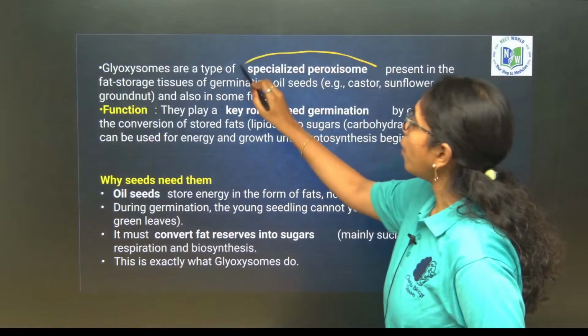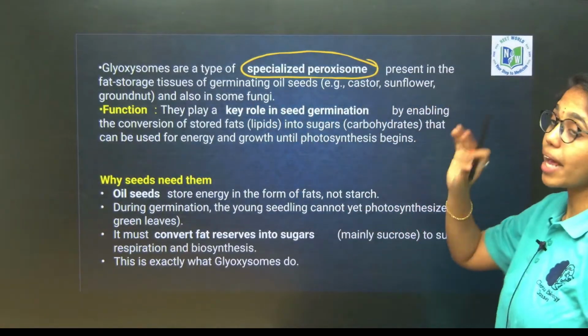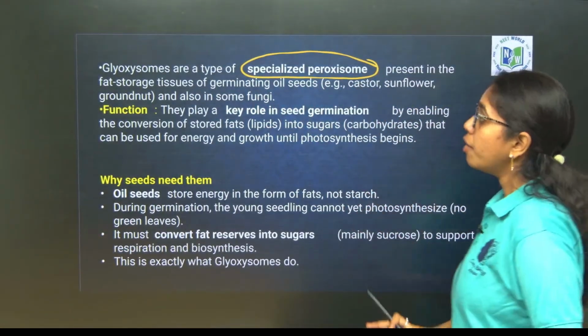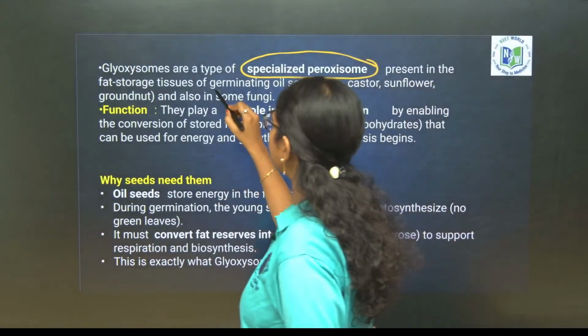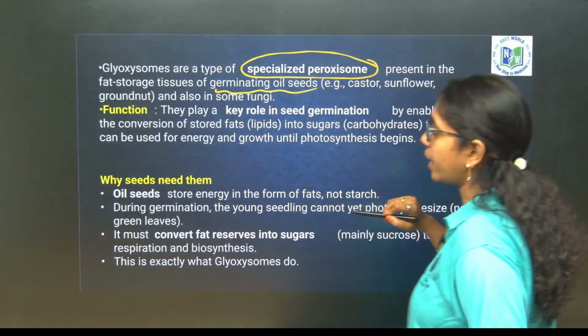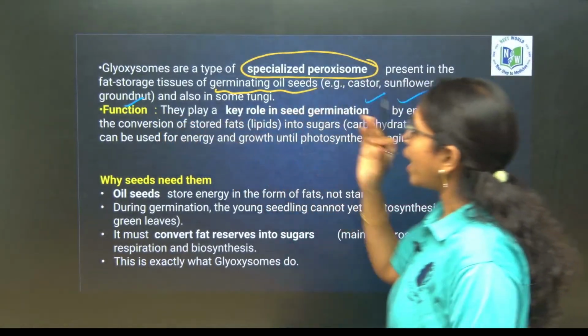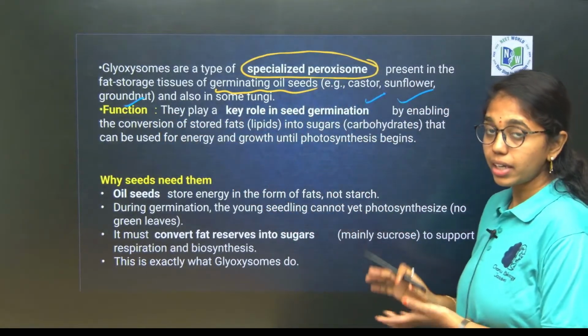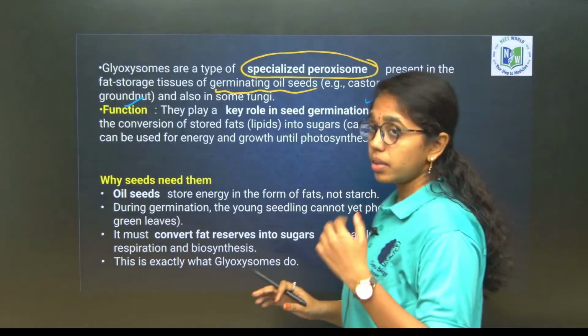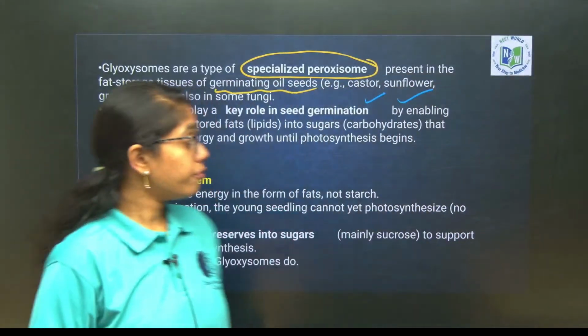Glyoxysomes are a type of specialized peroxisomes. They are present specially in fat storage tissues of germinating oil seeds like what? Castor, sunflower and groundnut, and also in some fungi. Fine. Glyoxysomes are found in the oil seeds and fungi. Okay.